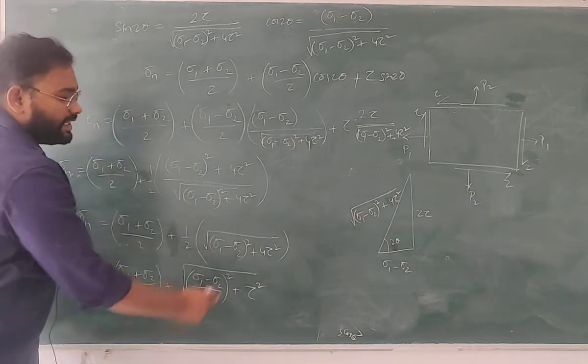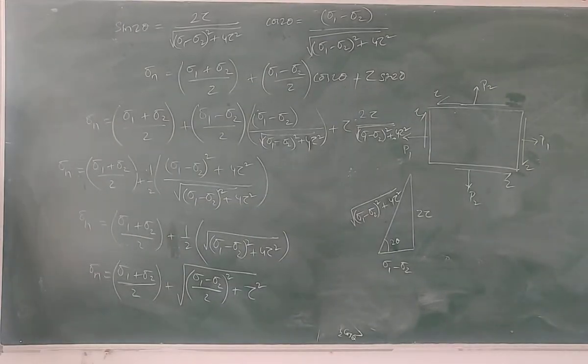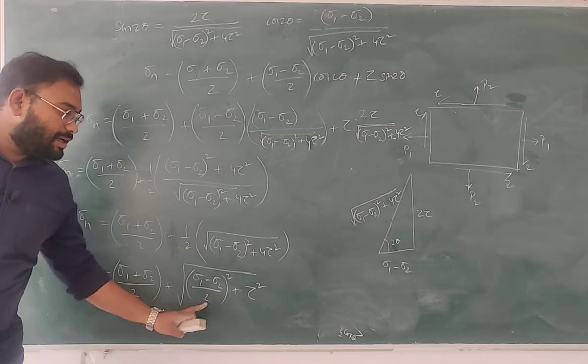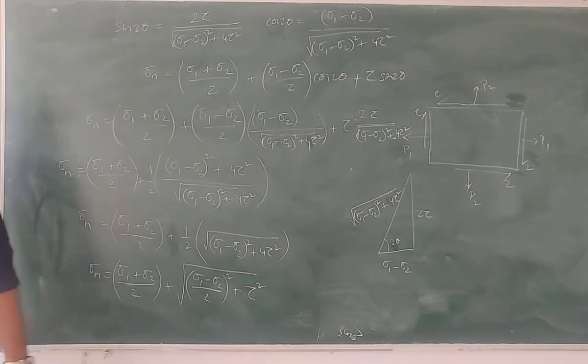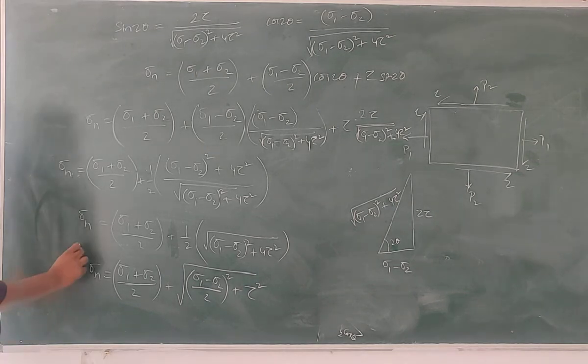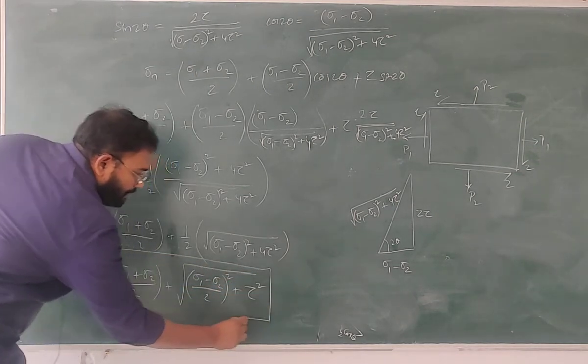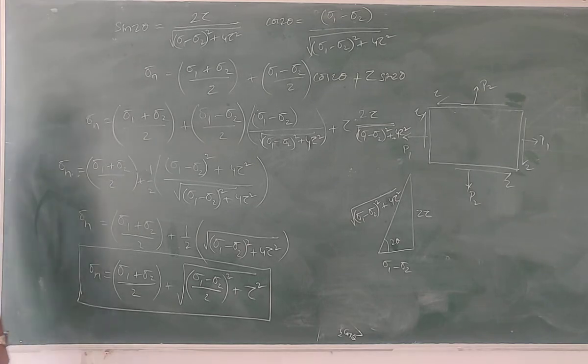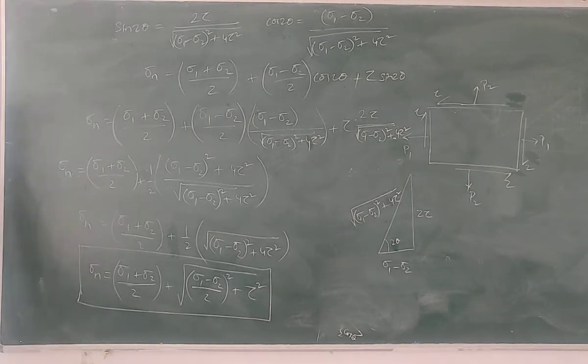When 2 goes inside it will be 4, right? 4 means 2 square here, and the 4 gets cancelled with the 4 tau square. So this is the equation for major principal stress. Write down, this is the equation for major principal stress.